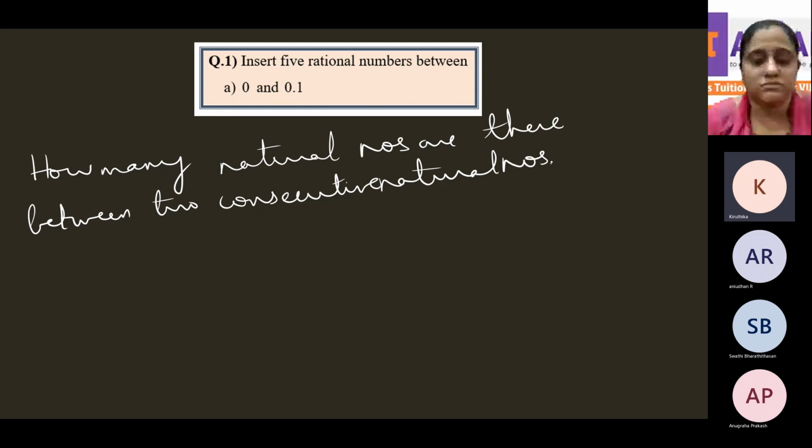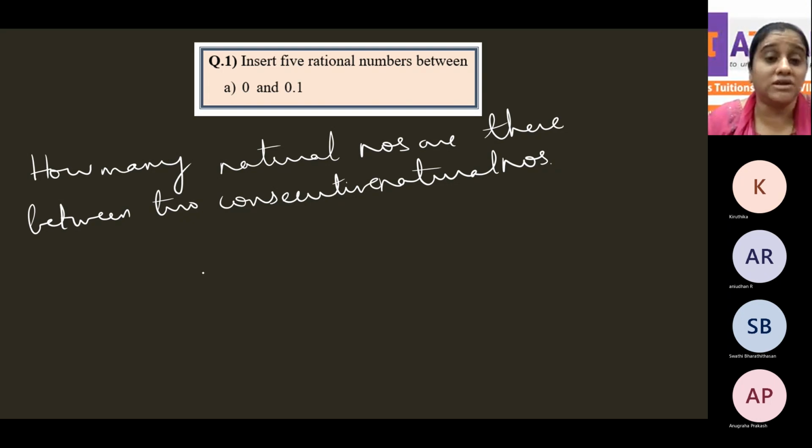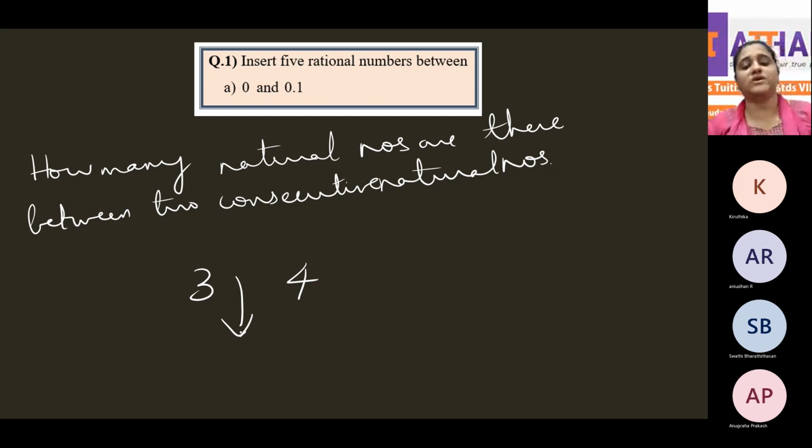Ma'am, infinity. Okay, so now let me take the natural numbers 3 and 4. Tell me a natural number between 3 and 4. Kritika.